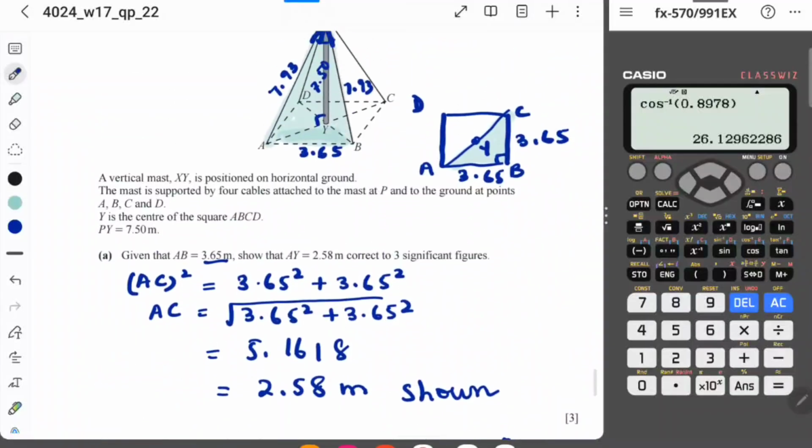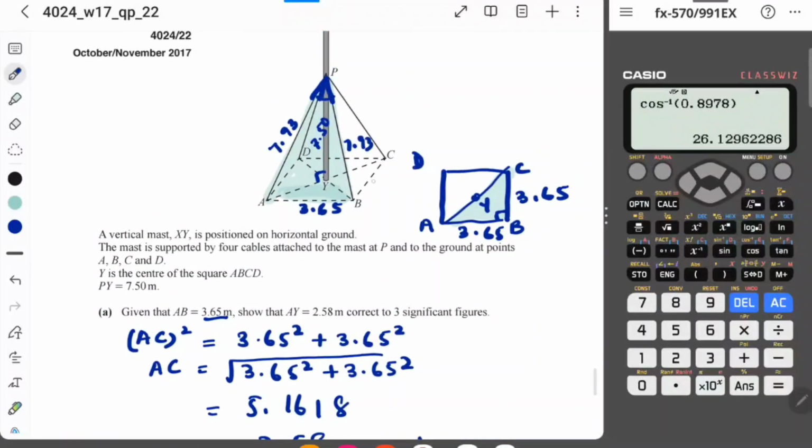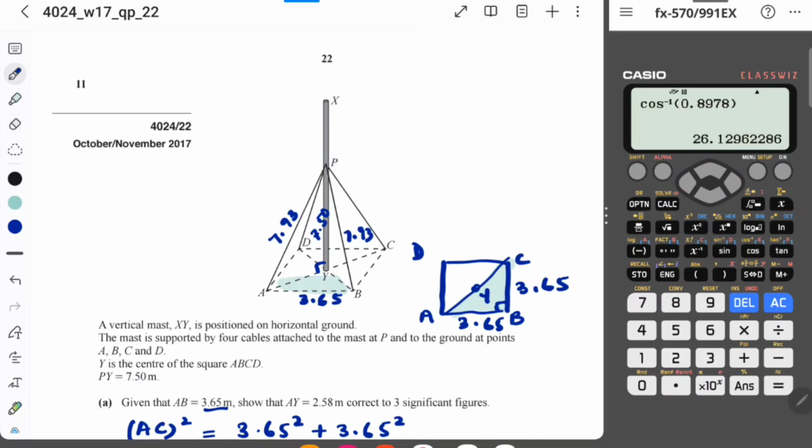So X from A is 77 degrees, and we have to find the value of XY. So this angle is 77.